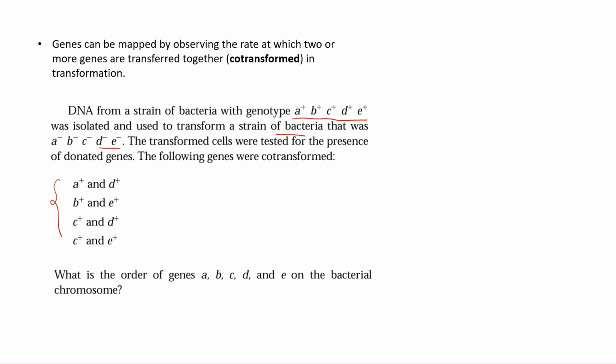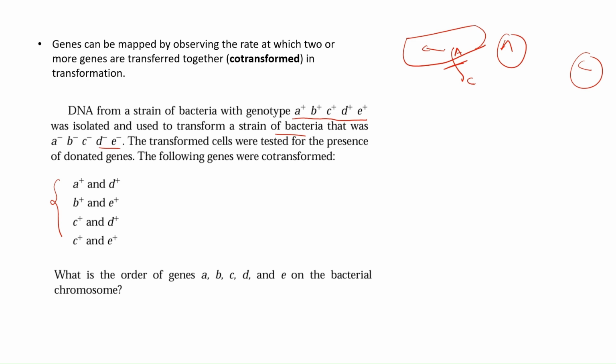Let's understand this. If this is a cell and DNA is getting transferred inside this cell, suppose gene A is present here and gene C is present here. After some time, if we stop the process of transformation, only this much segment has entered the recipient cell. So we can see only gene A in the recipient, or competent, cell, not gene C, because they are far away.